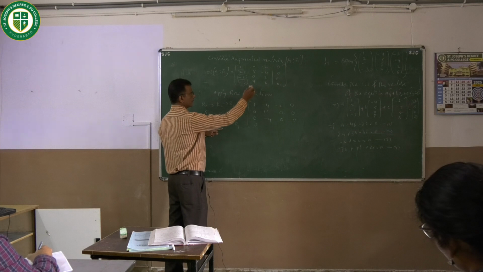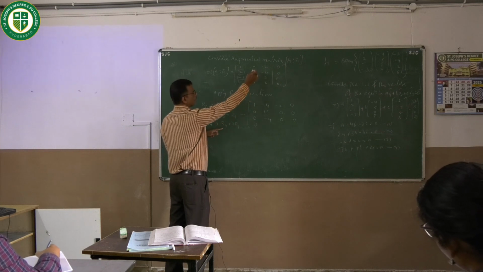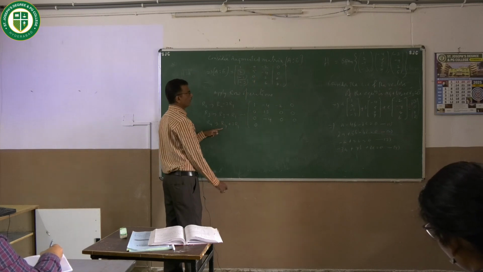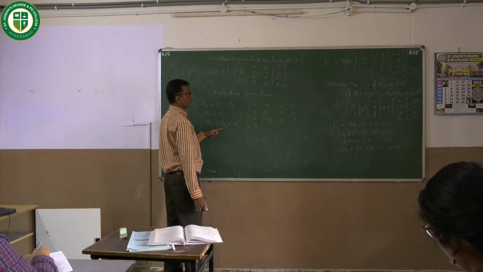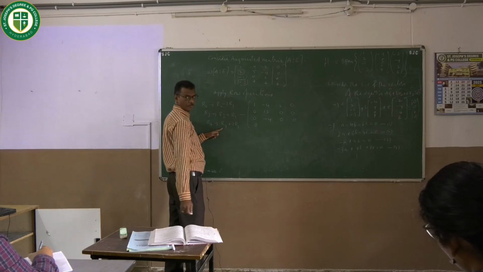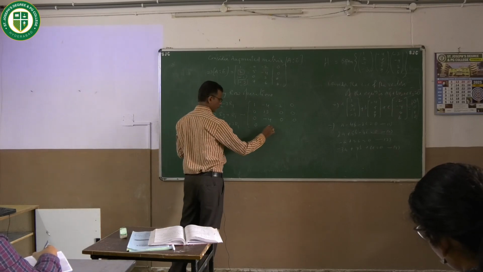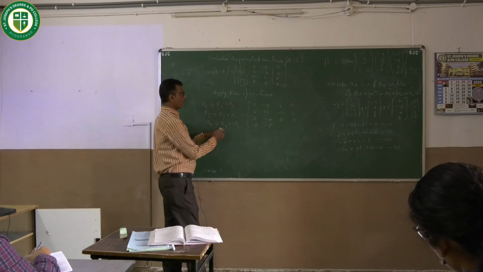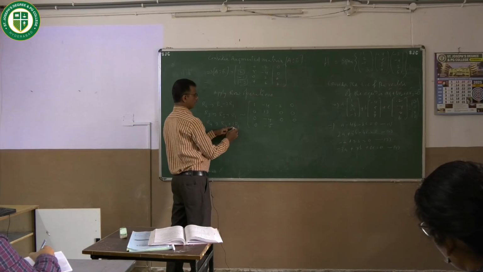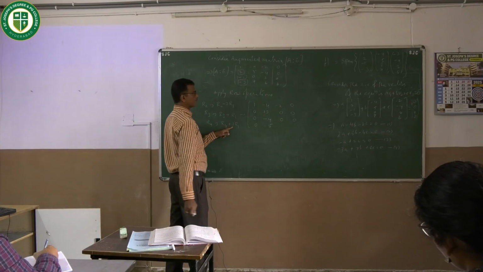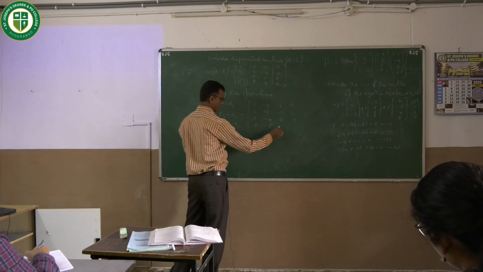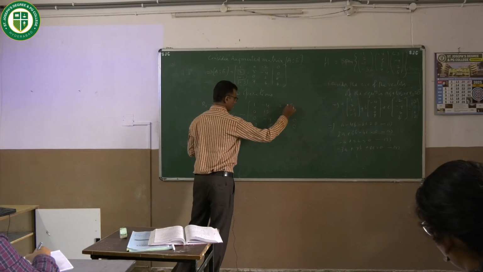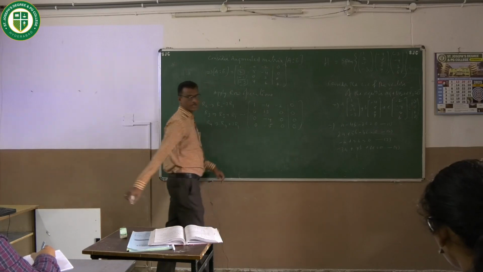Then R4 is here 7, multiply with 3 into R1, minus 4 into 3, minus 12 plus 7, minus 5, right? Then next R4 is here 6, then 3 into R1, that is minus 6 plus 6, 0. Then remaining is 0. That's it.